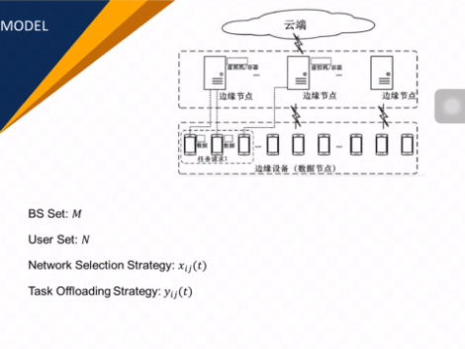Consider a typical mobile edge computing system. We use M and N to represent the base station set and the user set respectively. And we also use x_ij^t and y_ij^t to represent the network selection strategy and task offloading strategy.